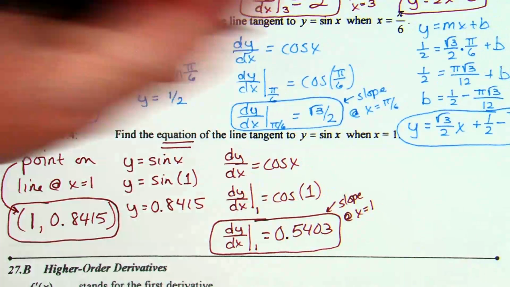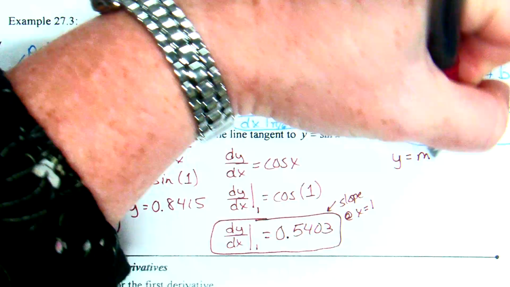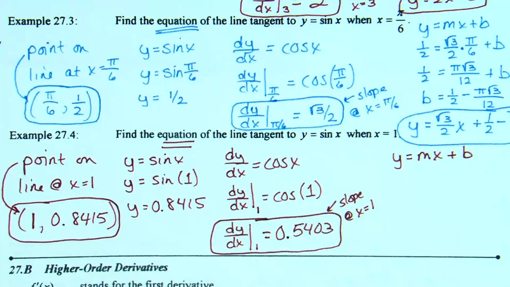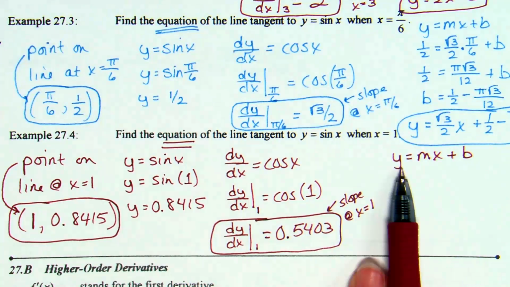Okay. Now, when we think y equals mx plus b, there's a couple of different ways we can do this. One option is, yes, you can go straight to the decimals. The other option is y was 0.8415, but where did that come from? That was sine of 1.